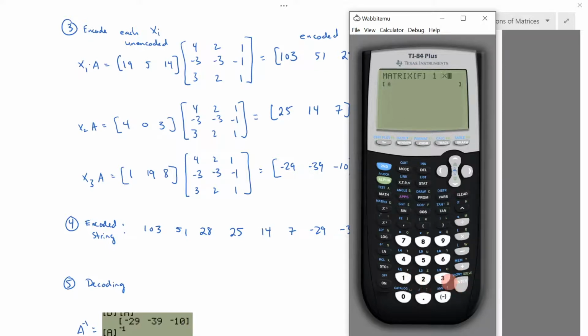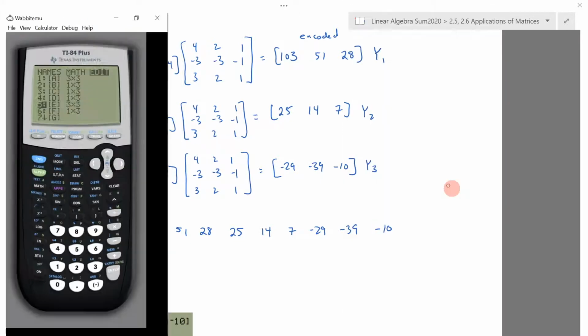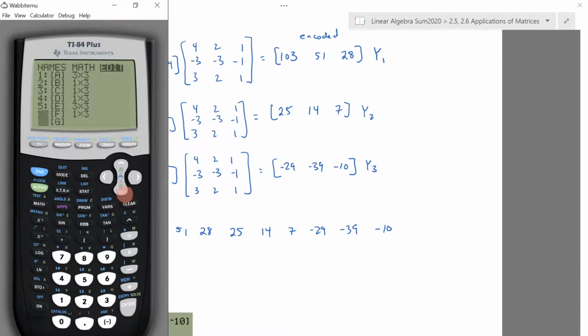So I need a 1 by 3. The first one is 103, 51, 28. I need another 1 by 3. That's 25, 14, then 7.